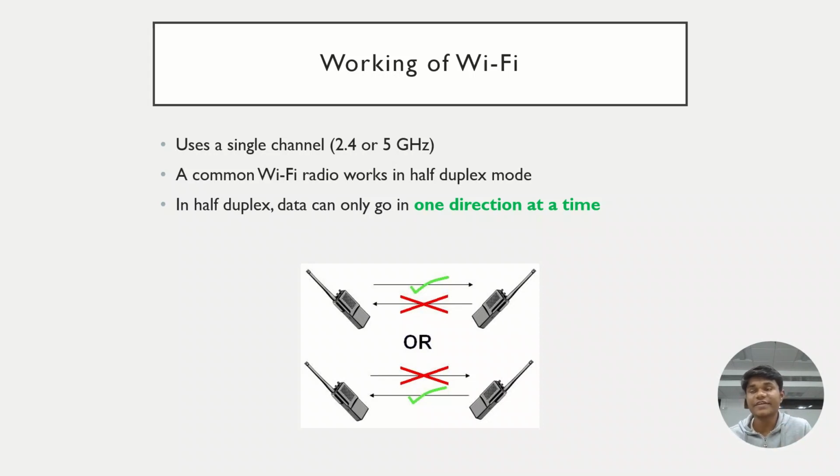If we have two devices A and B communicating with each other over Wi-Fi, then at one point of time only A can send the message and B can receive it, or B can send the message and A can receive it. It cannot happen that both A and B are transmitting and receiving messages simultaneously. So this is half duplex communication.